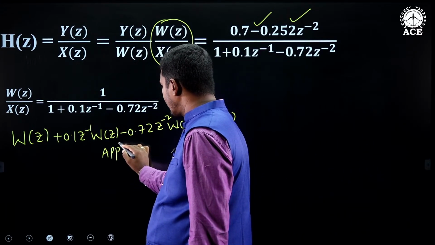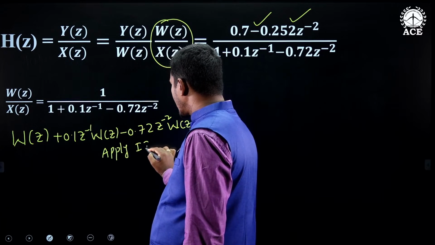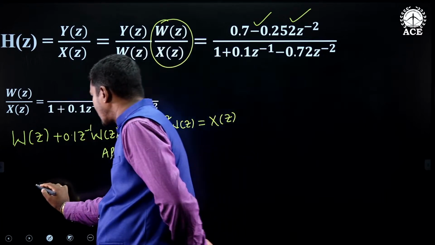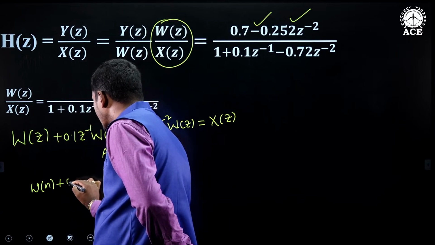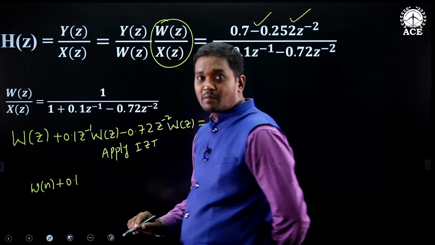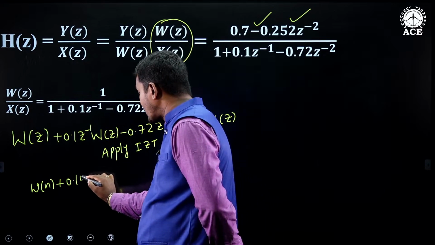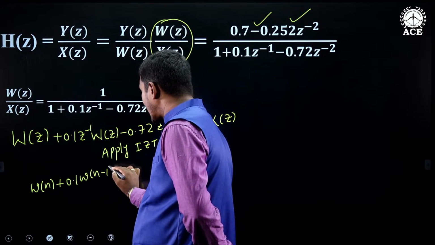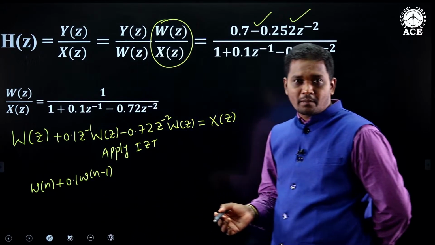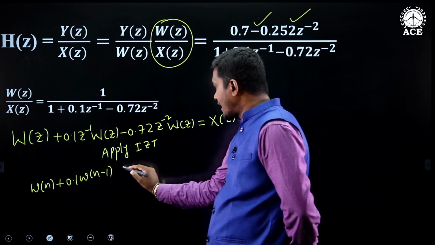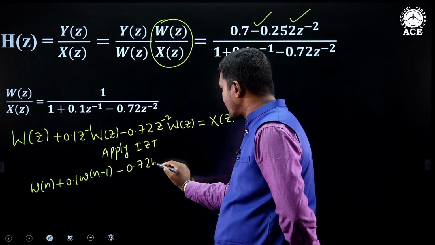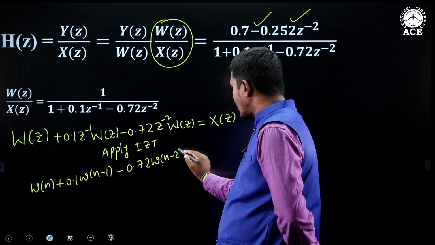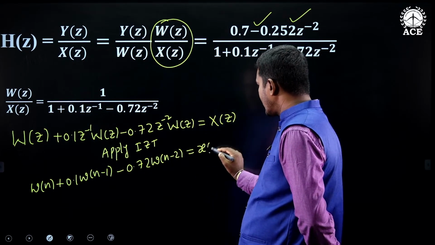The inverse of w of z is w of n, plus 0.1 z inverse into w of z inverse is w of n minus 1. See how many times we are using the time shifting property, very very important. Minus 0.72 z power minus 2 w of z inverse is w of n minus 2, equals x of n.